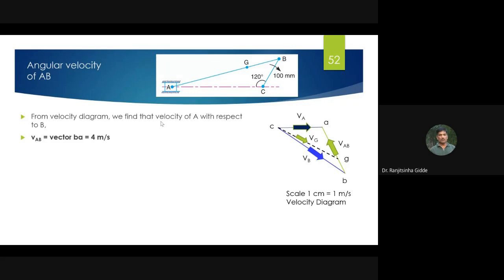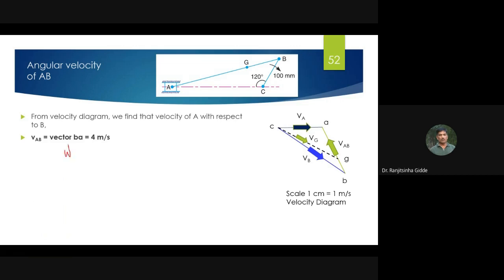But it should be around 4. 3.9, 4, 4.1, 4.2, 3.8, 3.9. That much variation is allowed.